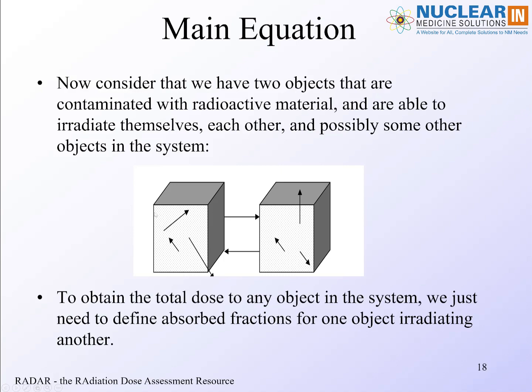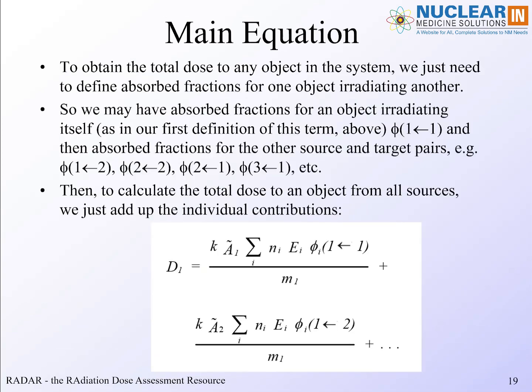And so one region can irradiate the other, and we need to know absorbed fractions for all of those situations. So we have to have not just one absorbed fraction, but many absorbed fractions for all of the different source and target regions that we have.